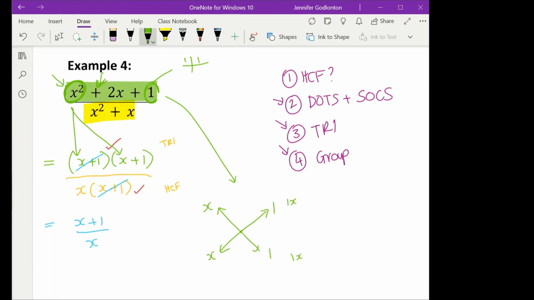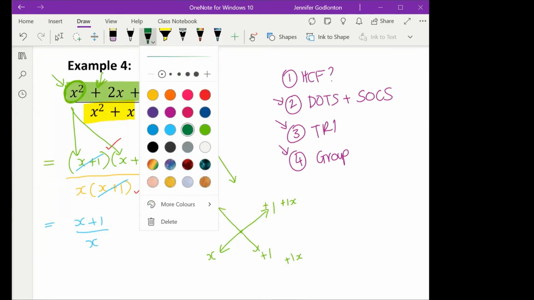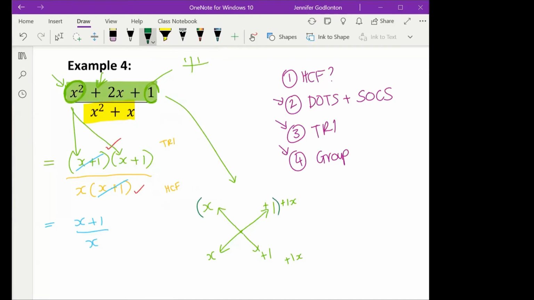We need to get positive 2x. So positive 1 plus positive 1 would give us positive 2, which means both of those have to be positives. And so this is going to be my first bracket, and that's going to be my second bracket. Okay, so now that we know crisscross because of grade 10, it makes the grade 9 ones a little bit easier to use crisscross when we want to.